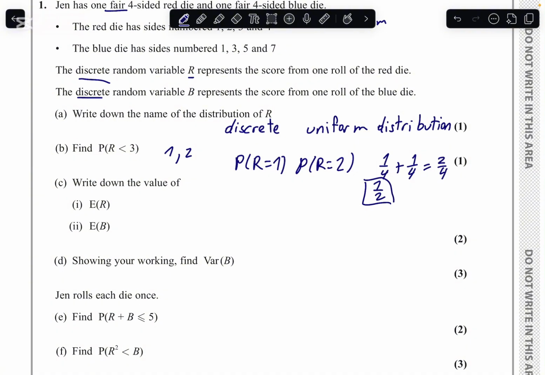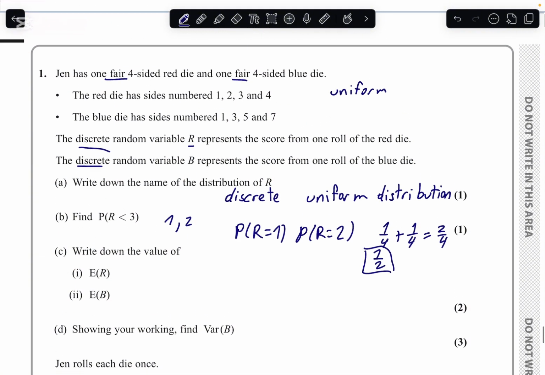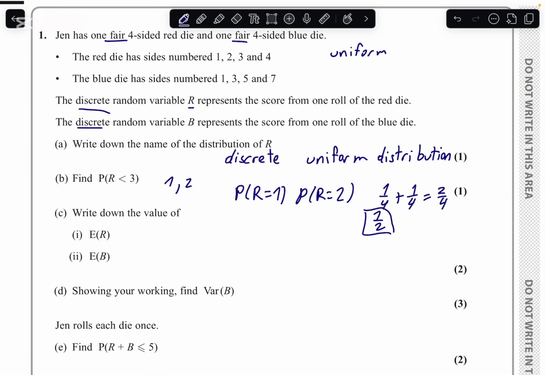In part C, we need to find the expected value of R and the expected value of B. To find the expected value when all the probabilities are equal and the step between each number is equal, which is the case in both, because here it is +2, +2, +2, and here it is +1, +1, a trick to do it faster is to find the middle value.